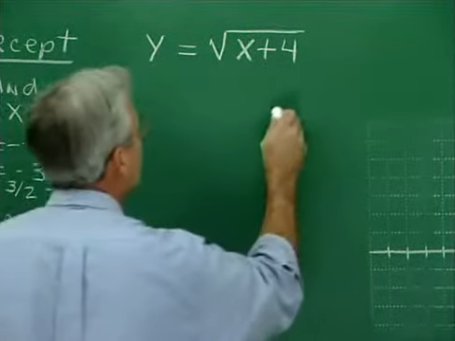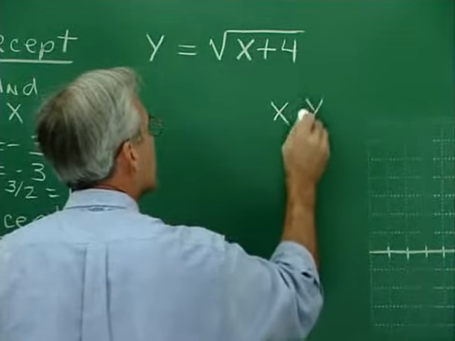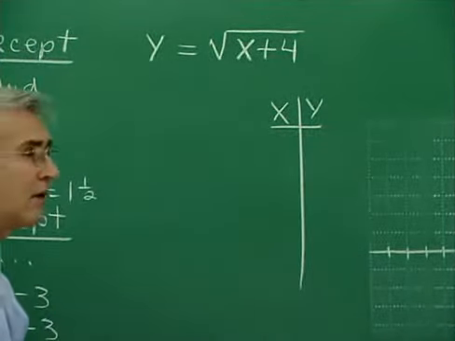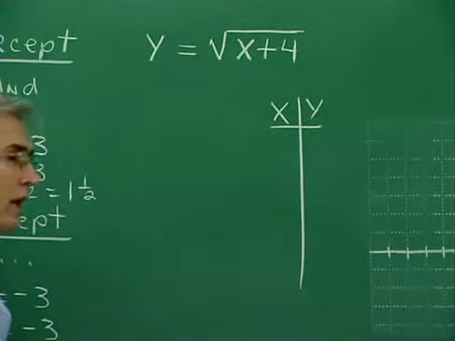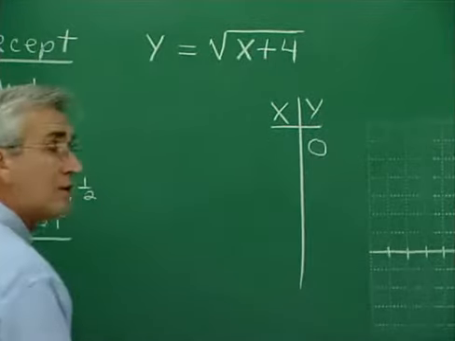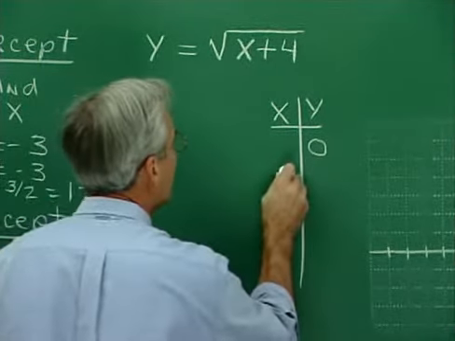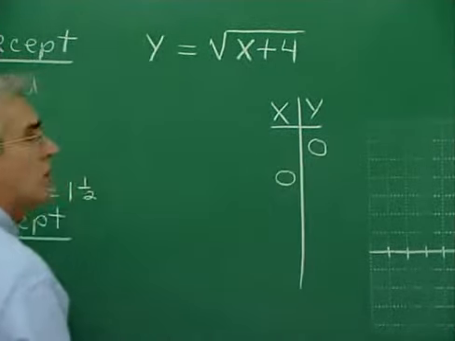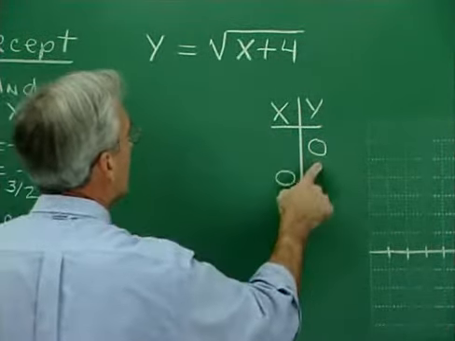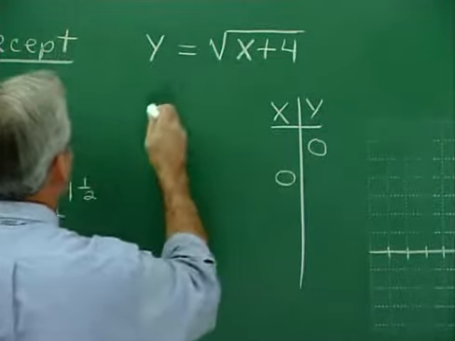All right, let's go through the notion of making a table of values, and let's find our intercepts first. If we're looking for an x-intercept, then we would let y be 0 and solve for x. If we're looking for a y-intercept, we would let x be 0 and solve for y. For the x-intercept, we let y be 0. What do we have here?